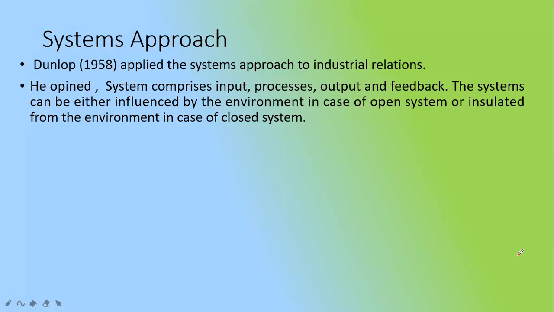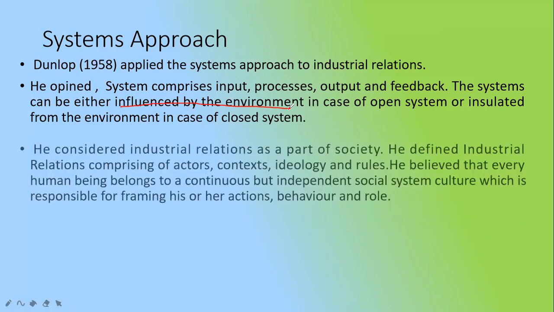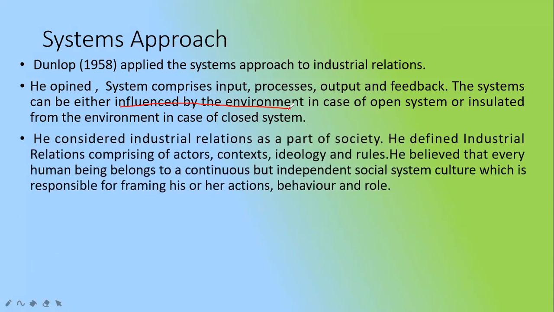This system can be either influenced by the environment in case of an open system, whereas in case of a closed system, it can be insulated from the environment. Insulated means nothing but protected. A system can be either protected in case of a closed system or influenced by the environment in case of an open system. This is the viewpoint of Dunlop.